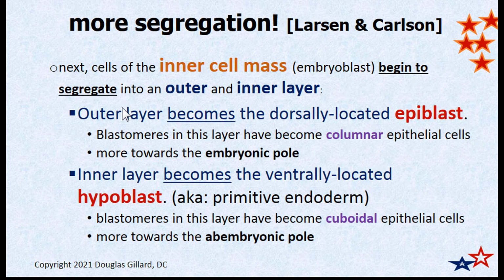More segregation occurs. So now the inner cell mass itself starts to segregate into 2 parts. So we're going to get a layer that is more toward the embryonic pole. You can call it the outer layer if you want. And that's going to become something called the epiblast. And those are the most important cells of the human right here.